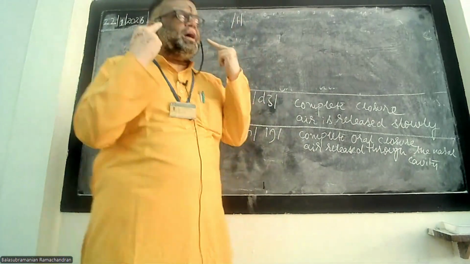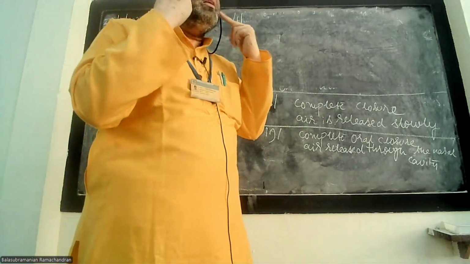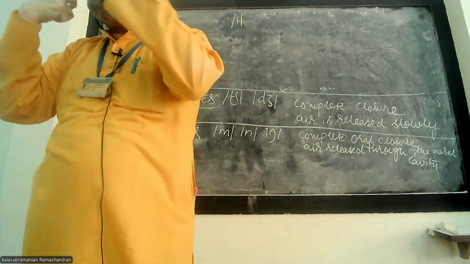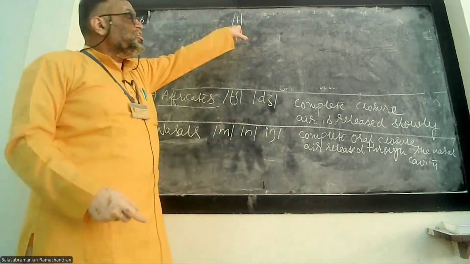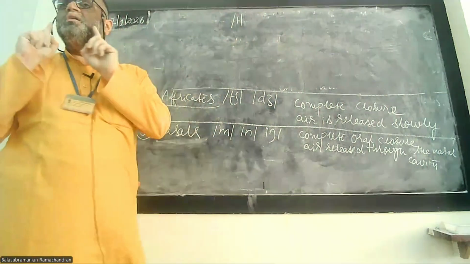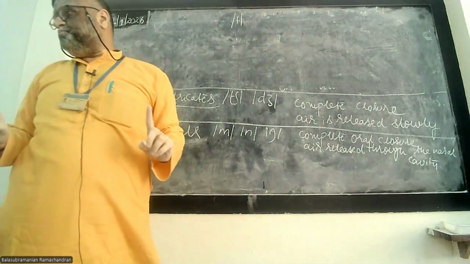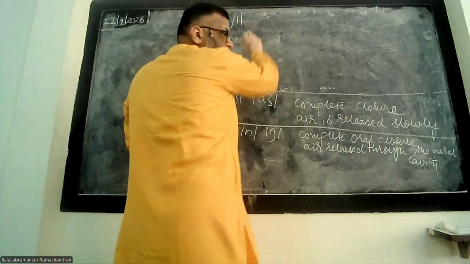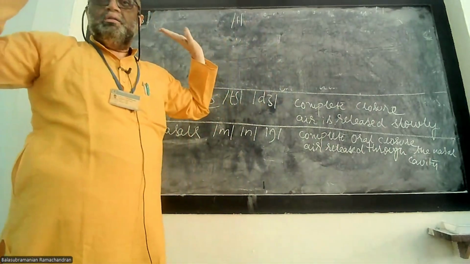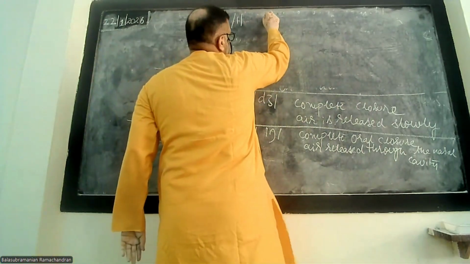You will feel a cold air or a chillness on the sides, on your cheeks. That is because when you produce the sound and you release the air, it is lateral release.